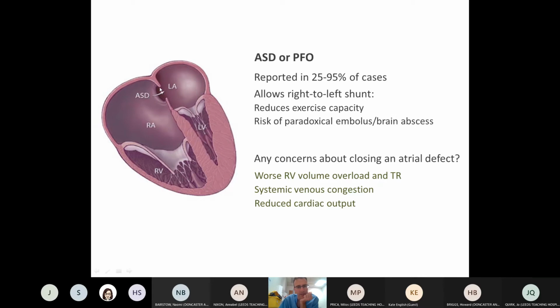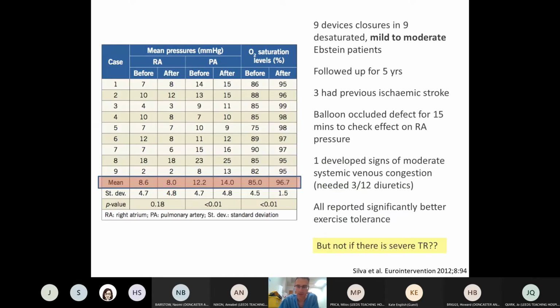And so if you close that, then you don't allow that anymore, and you force blood through the right heart, so you potentially worsen right ventricular volume overload and TR, which could cause worsened systemic venous congestion and potentially reduce cardiac output, although of course this right to left shunt helps to augment the cardiac output at the expense of cyanosis. There's not much data out there on this.